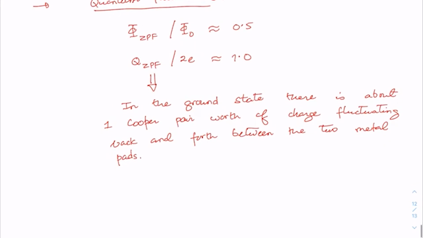On the other hand, if you look at this equation here, the magnetic flux is oscillating on the level of about half a magnetic flux quantum.